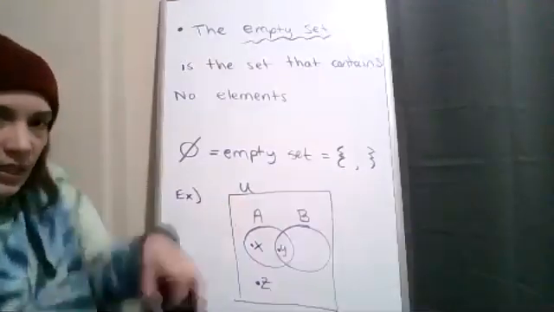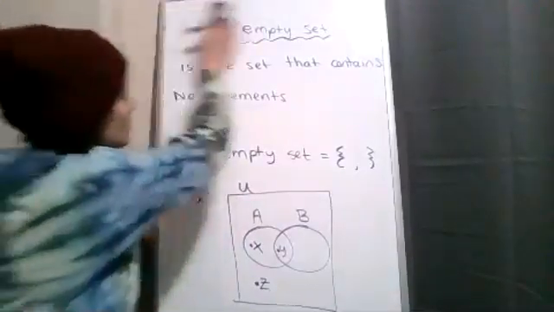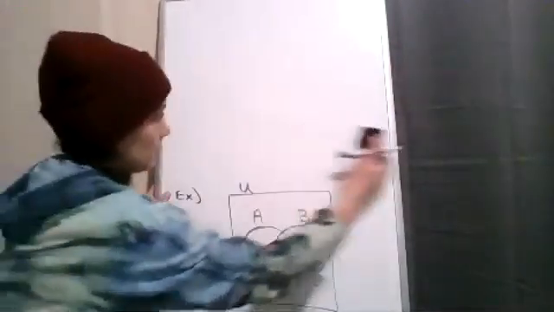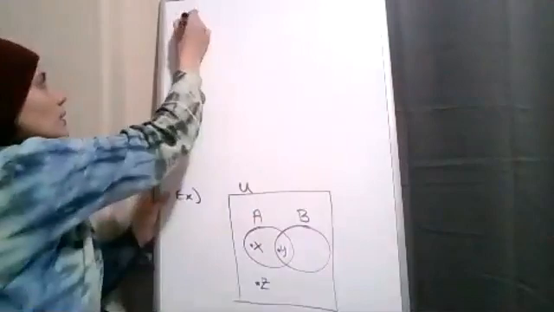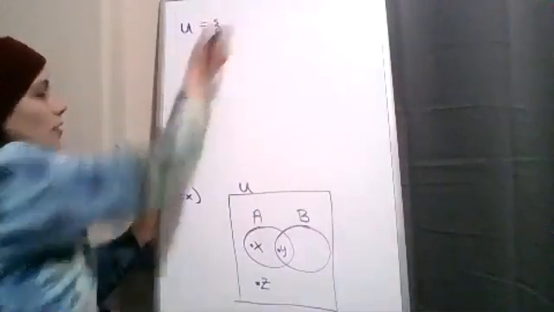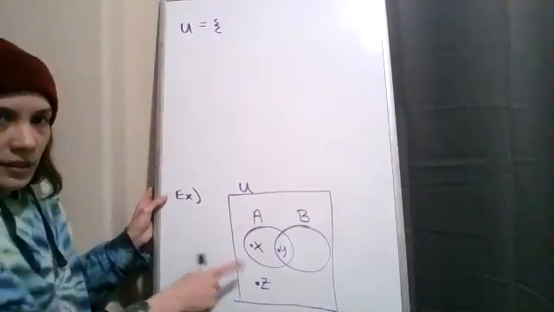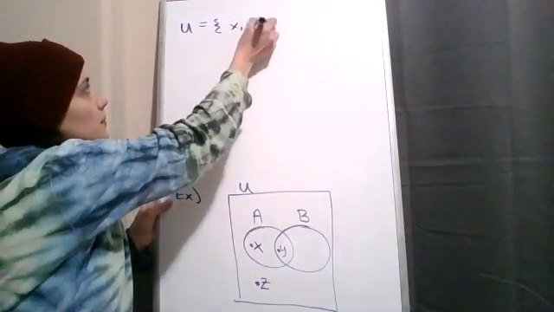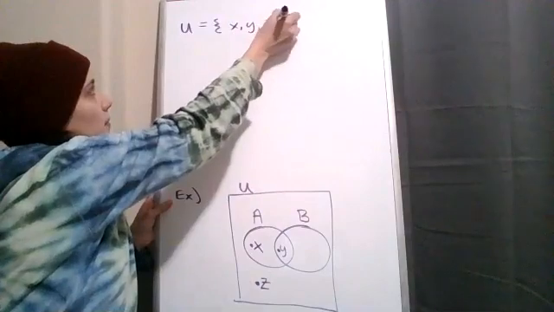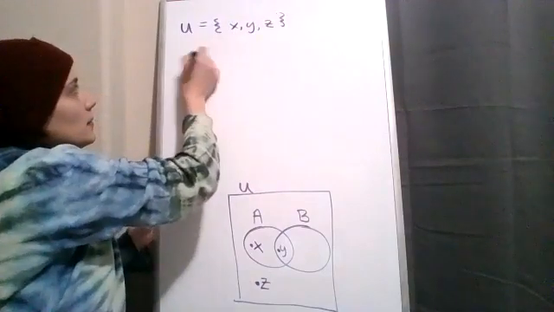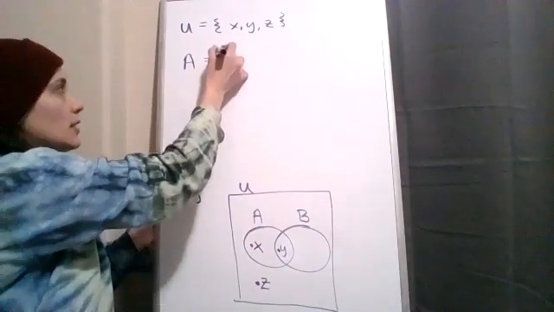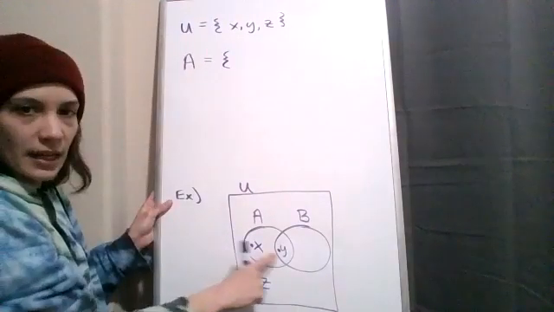So we'll write each set. All elements under consideration are x, y, and z. Then you have a curly bracket to start the set A, which contains x and y.